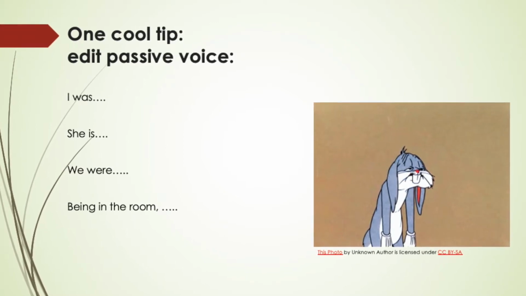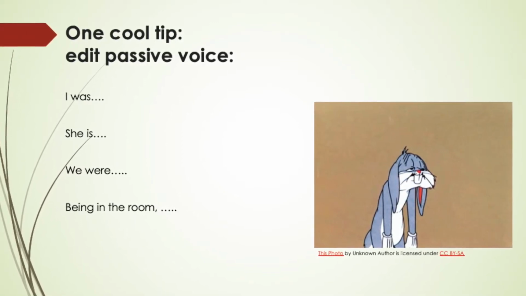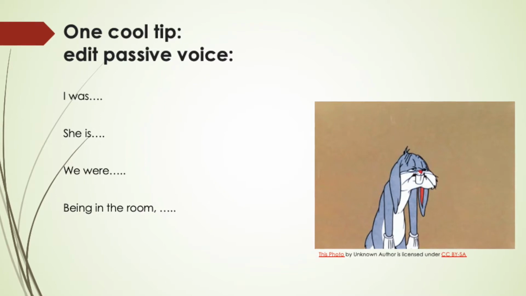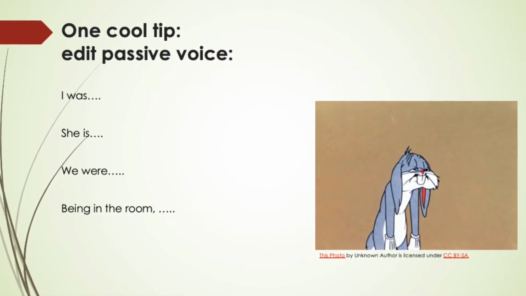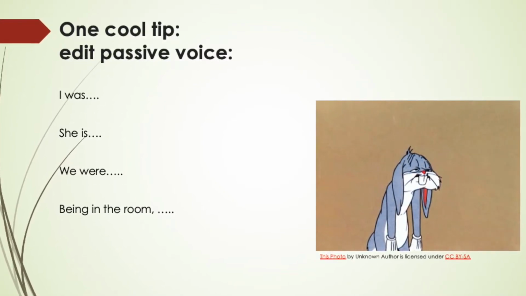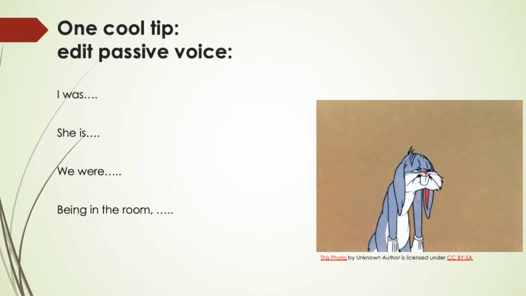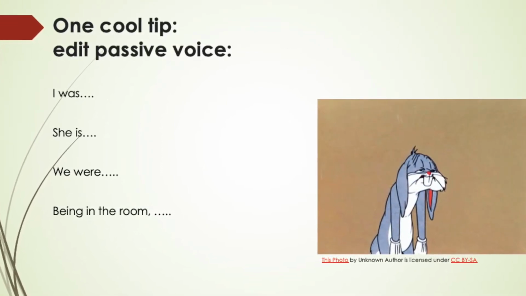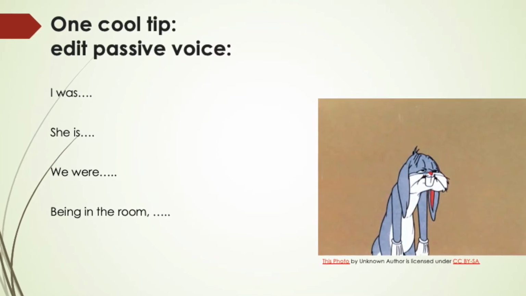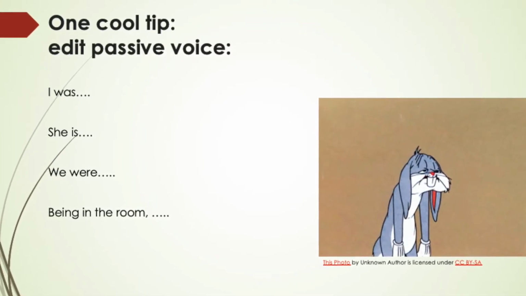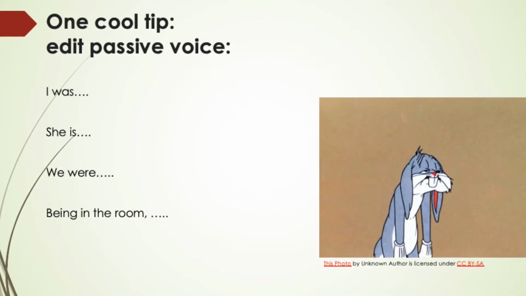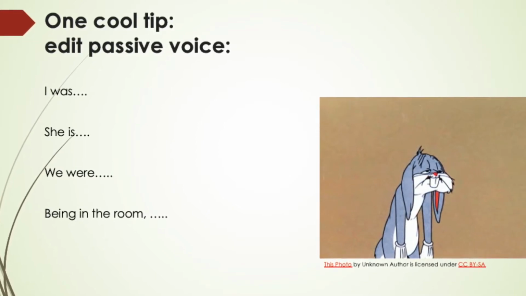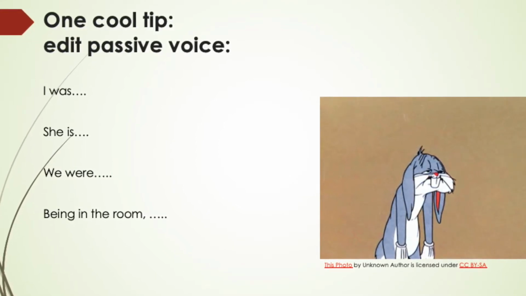For example, if you say I was sad, or she is afraid, or we were excited, or being in the room was lonely, a small image of that is painted, but we don't really see the full picture. We can't see what you're describing from that little bit of description. It needs a little more oomph. It needs an active verb.